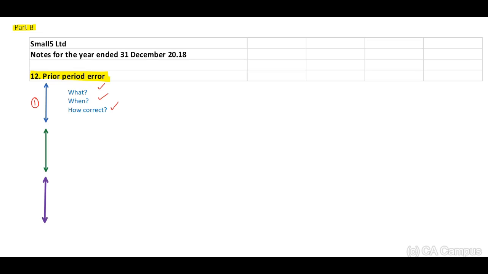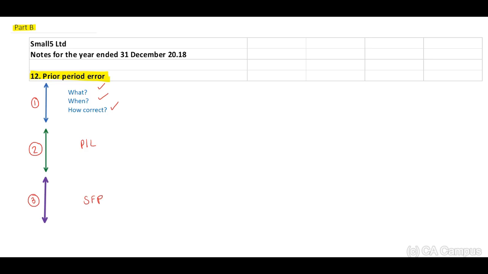Okay? How are we going to correct it? Retrospectively. Then, number 2, you will have to identify that you will have to include your profit and loss line items. Number 3, your statement of financial position line items.